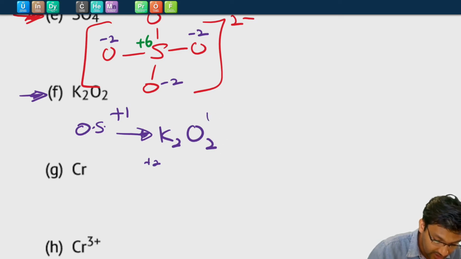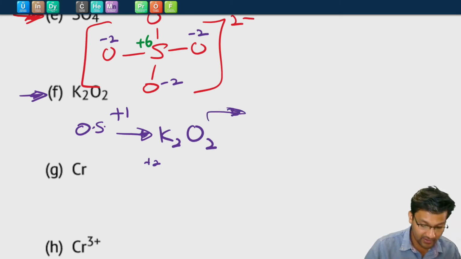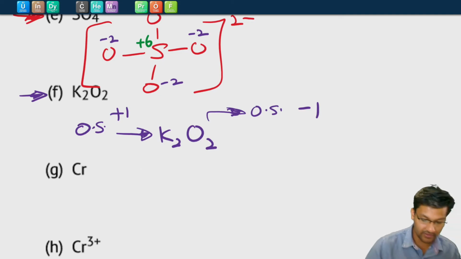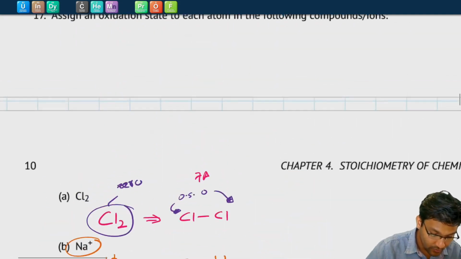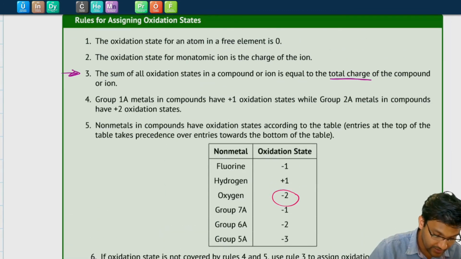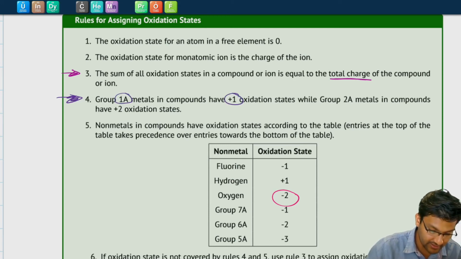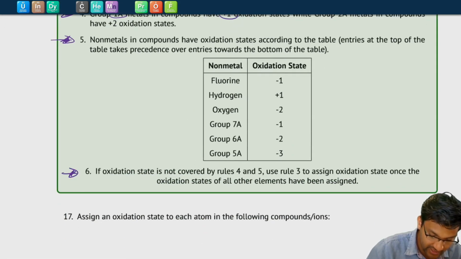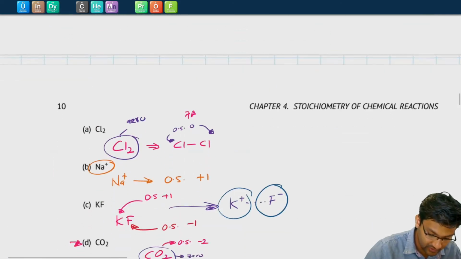So even though oxygen typically will have an oxidation state of -2, in this case, each oxygen will only have an oxidation state of -1, such that the total oxidation states add up to 0. Again, why is that the case? Well, we use these rules in the order that I've written them here. First, we use rule number 4 to make sure that potassium, which is in group 1A, has a +1 oxidation state. Then we apply the rules from number 5 to figure out the oxidation state for oxygen. We couldn't assign -2, so we move on to number 6, where we just try to add up all of the oxidation states to get a total of 0.